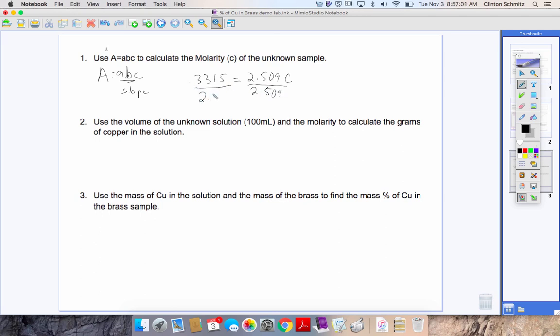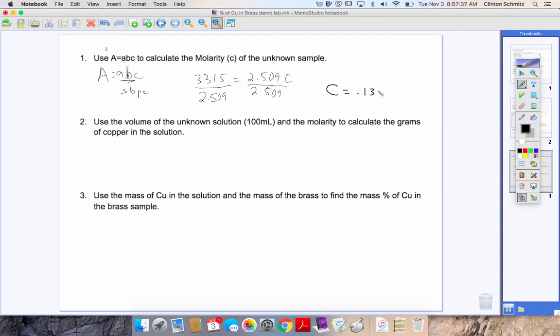I'm going to divide both sides by 2.509. So if I take 0.3315 divided by 2.509, I get 0.1321.